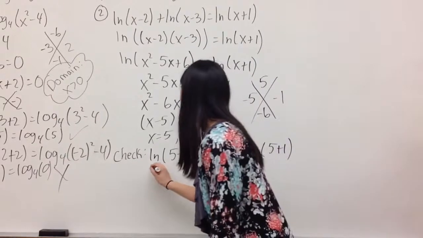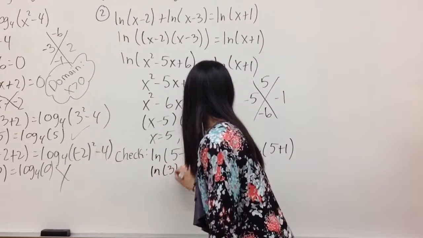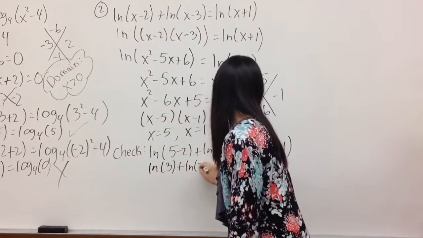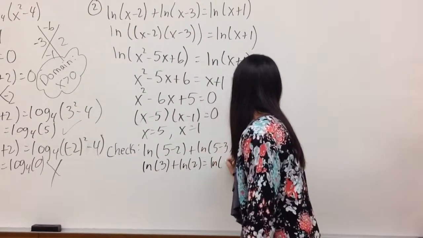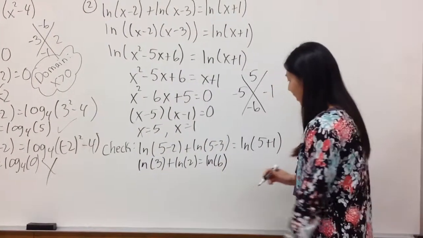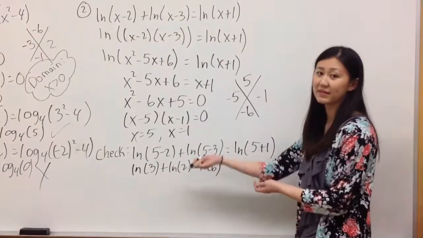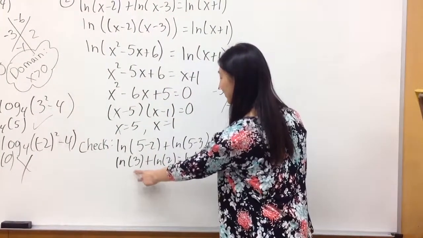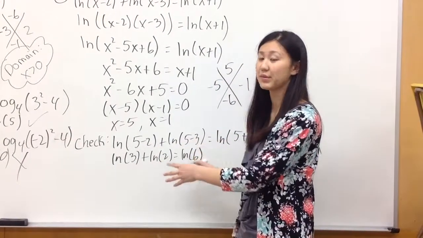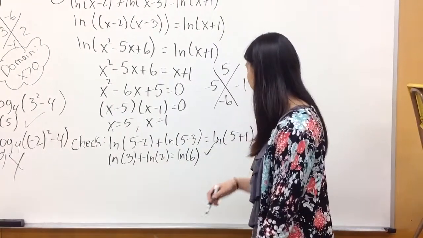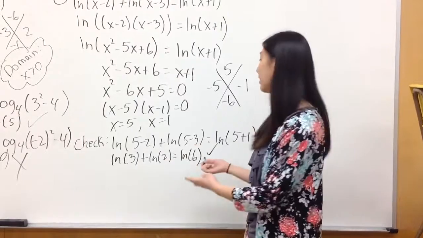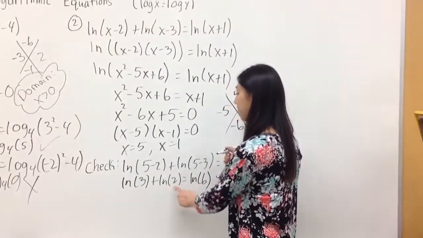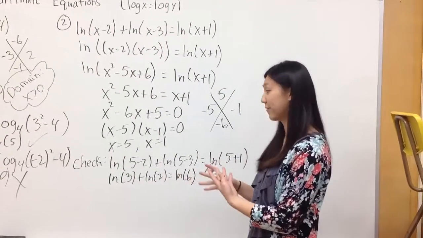So we have ln of 3 plus ln of 2 is equal to ln of 6. And actually right now we can see that this is true, because if I condense this side, I will get 6 because 3 times 2 is 6. So this is good. Everything is in the domain because everything ended up being positive, right? That's another thing we're checking for.